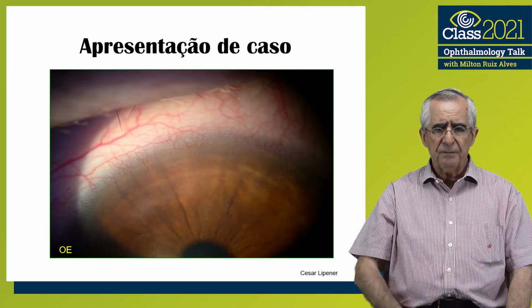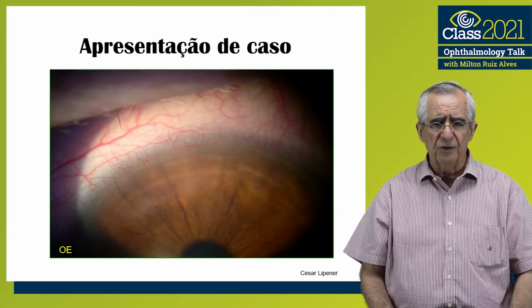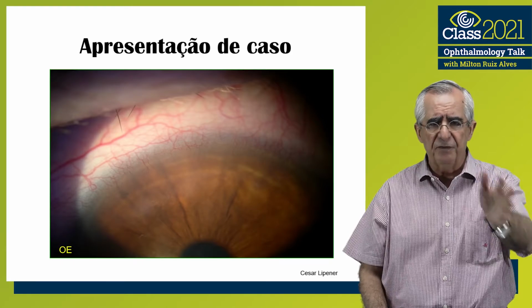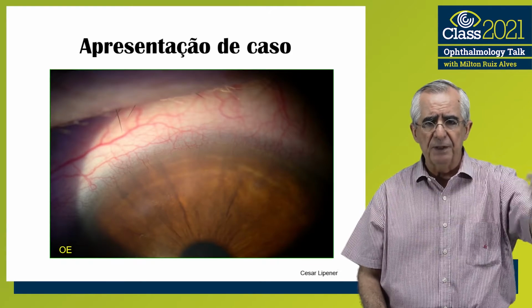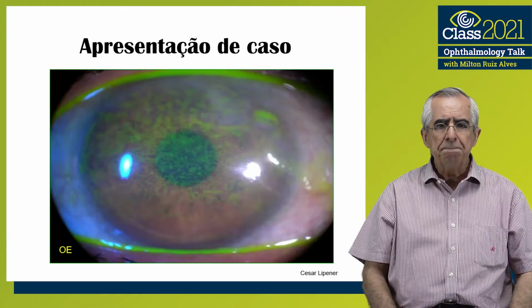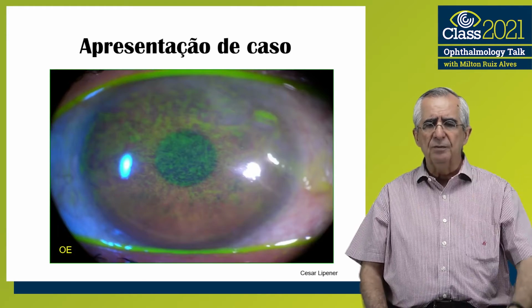Here, the pictures of the left eye show neovascularization in the periphery of the cornea, easy to see conjunctival hyperemia, and superficial punctate keratitis.